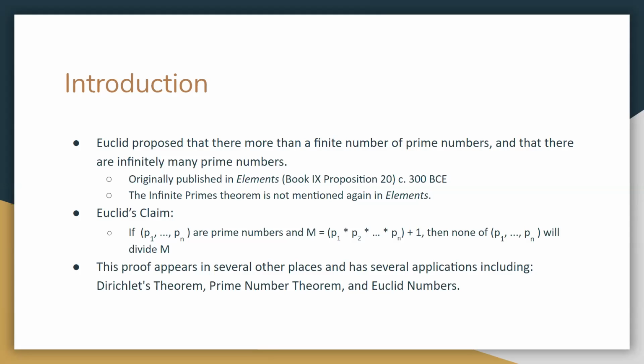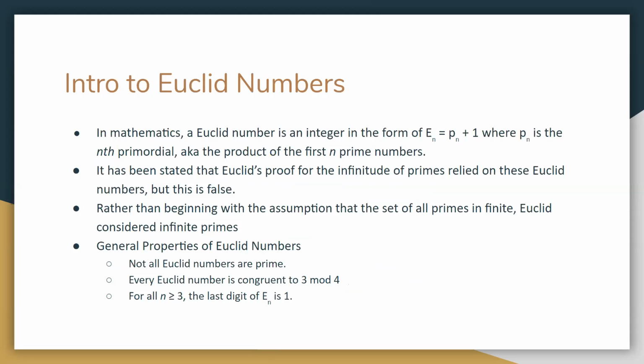This proof also appears in several other places and has several other applications, including Dirichlet's theorem, the prime number theorem, and Euclid numbers. A Euclid number is an integer of the form En = Pn + 1, where Pn is the nth primorial, the product of the first n prime numbers.